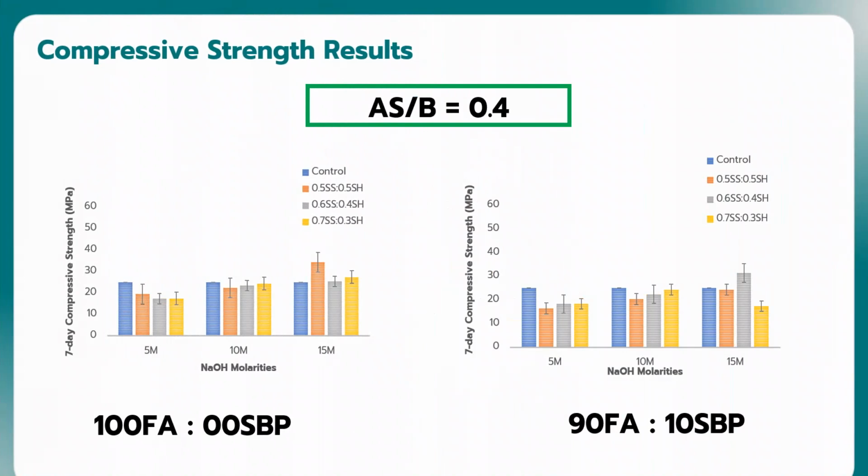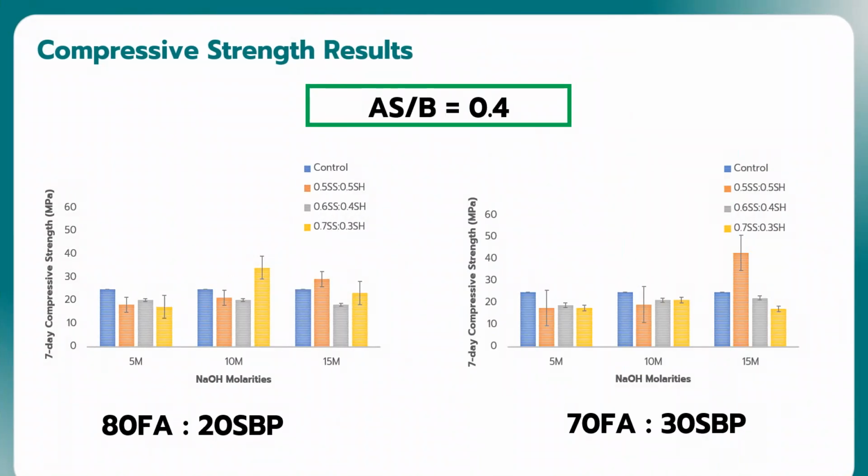Now, for our compressive strength results: for pure fly ash, 100% fly ash and 0% SCBP, the 15 molarity sodium hydroxide achieves 34.36 megapascal, and the higher the sodium silicate content, the improved the compressive strength. So the 70% sodium silicate and 30% sodium hydroxide ratio shows the best performance.